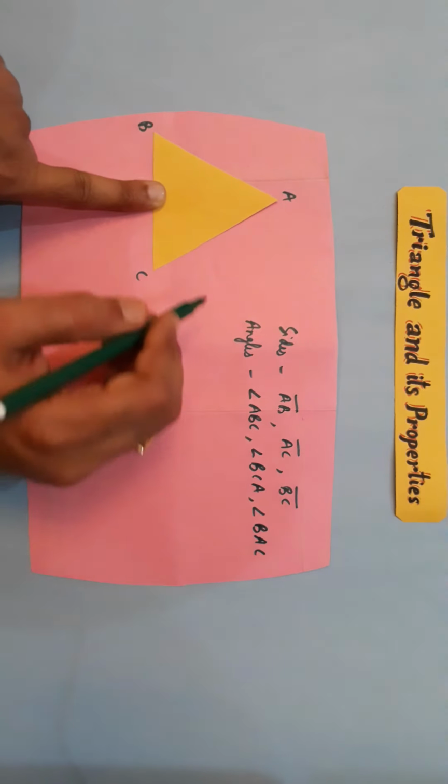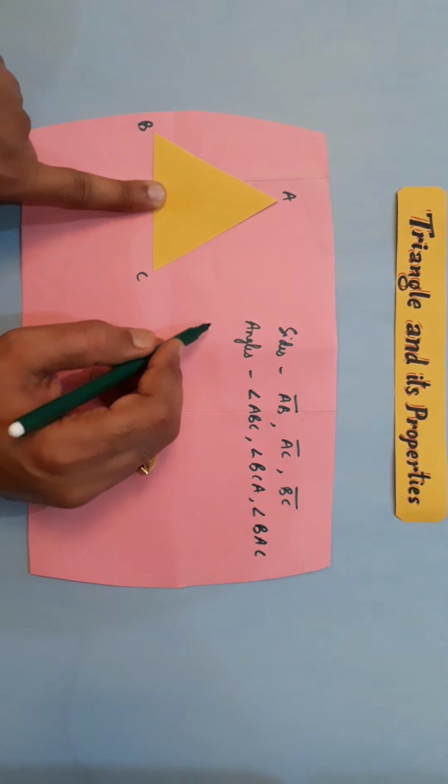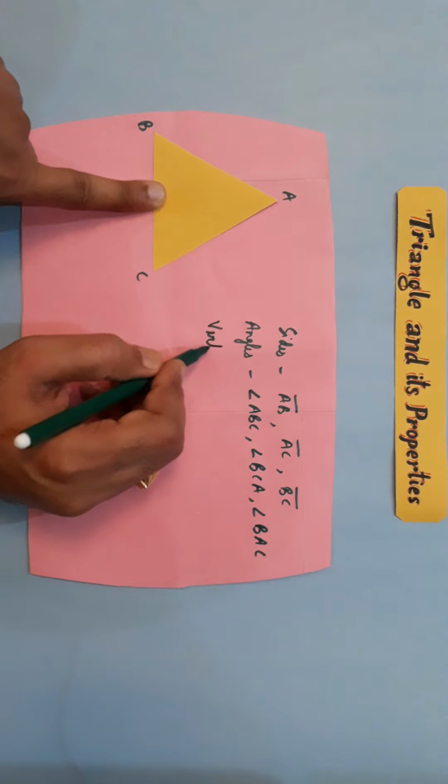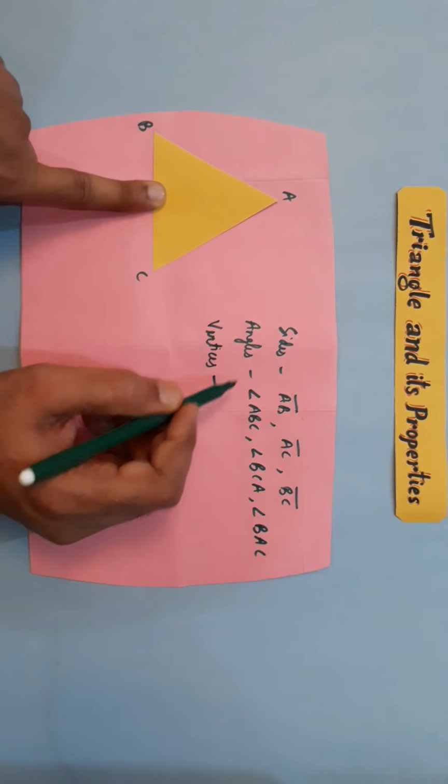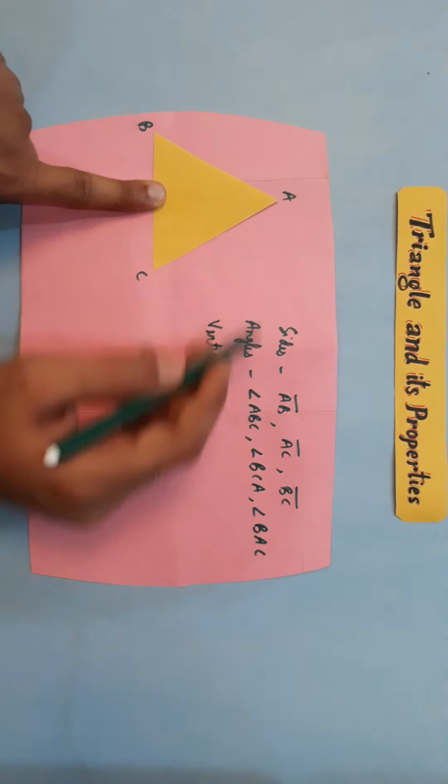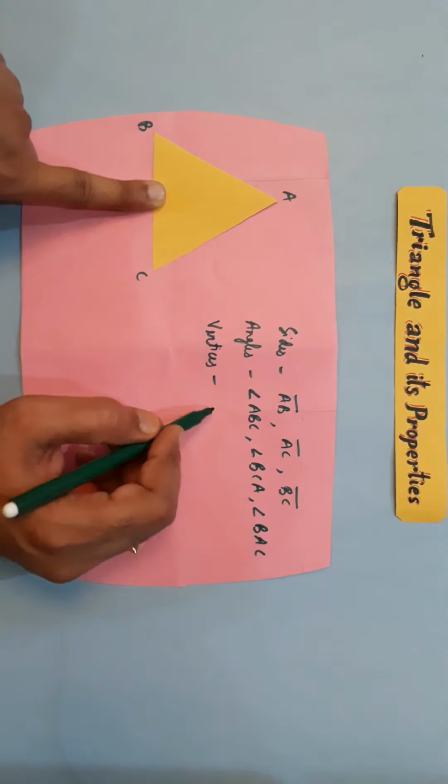So these are the three angles. Let us talk about vertices. The singular of it is vertex. Over here the vertices are A, B, and C.